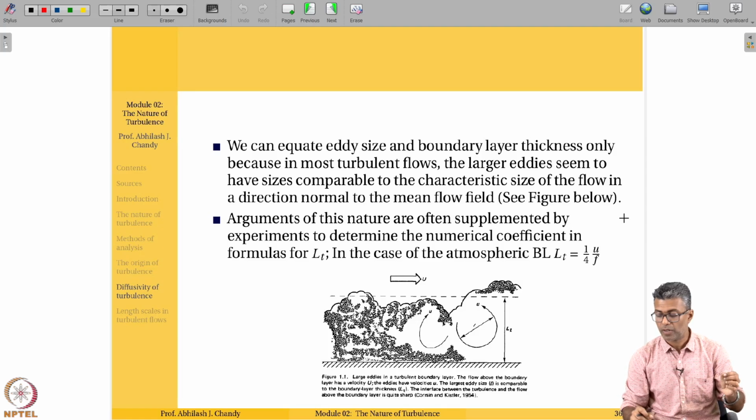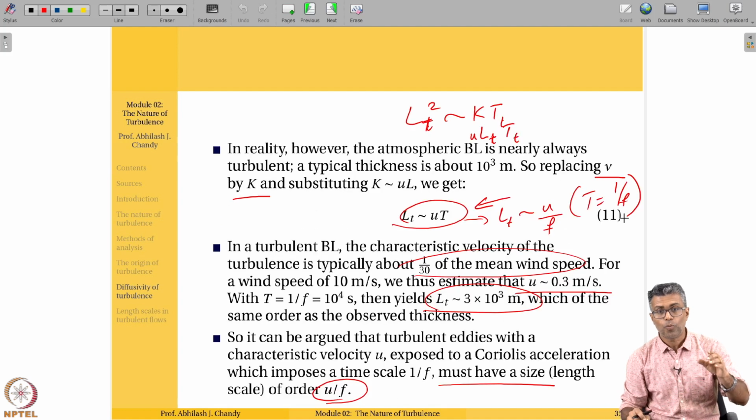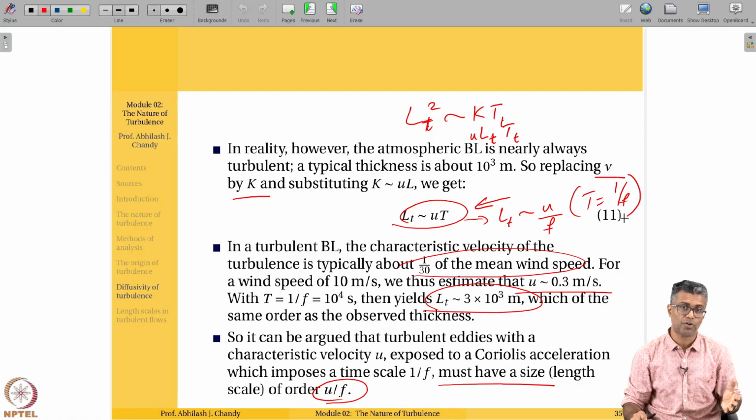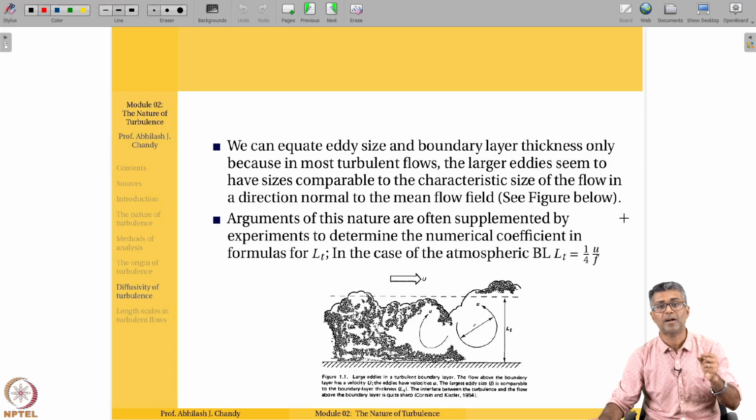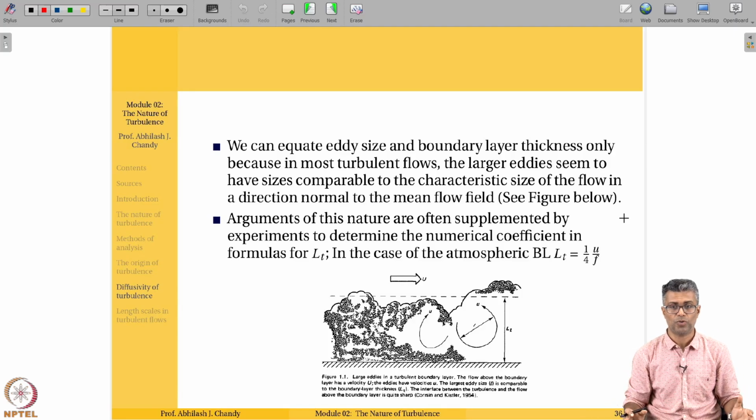So we saw earlier that when we estimated the turbulent length scale, we got about 3000 meters or 3 kilometers, which is of the same order of magnitude as the typical boundary layer thickness as we know it. Now, the fact that they are the same order of magnitude happens only because it is a turbulent flow. So, the large eddies seem to have a size that is comparable to the thickness of the atmospheric boundary layer. Okay.